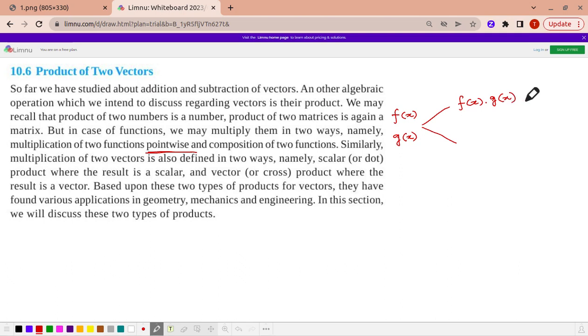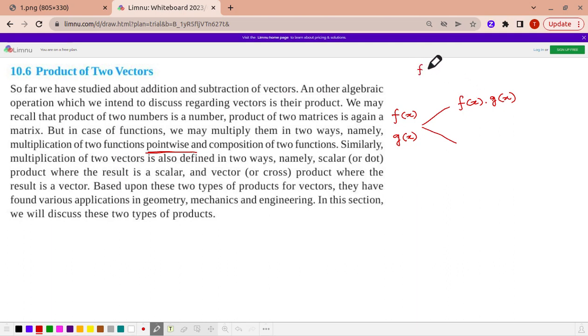Let's assume x is a real number. For every real number x, we get f(x) as a real number and g(x) is also a real number. So we are assuming both f(x) and g(x) are real valued functions.